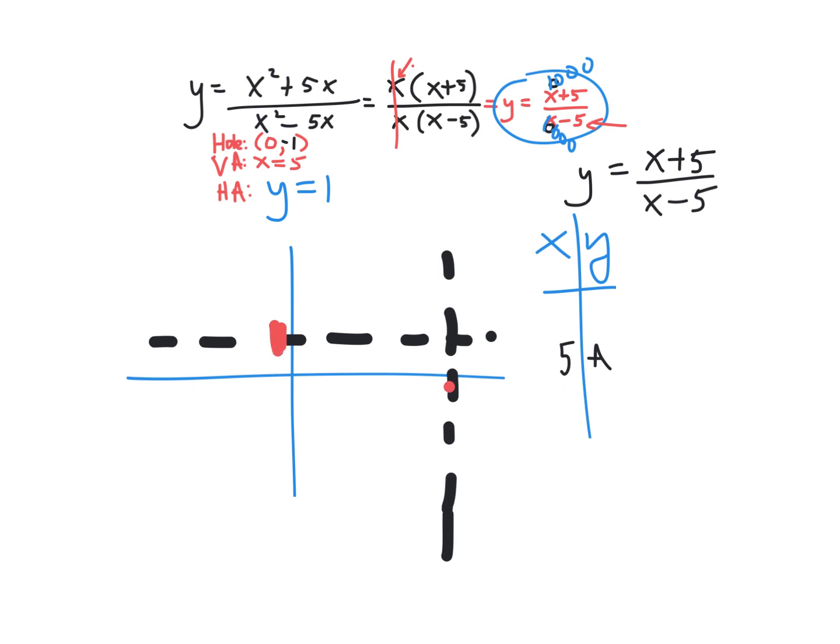That's 1. That's 5. The hole's at 0, -1, which is like there-ish.